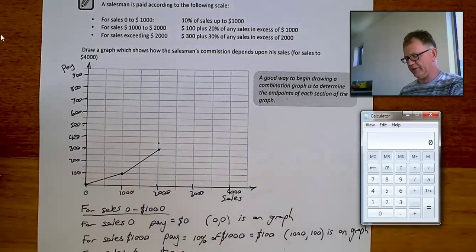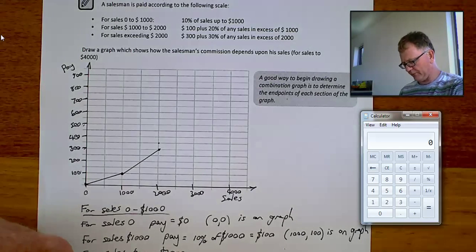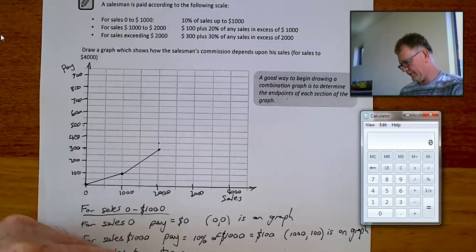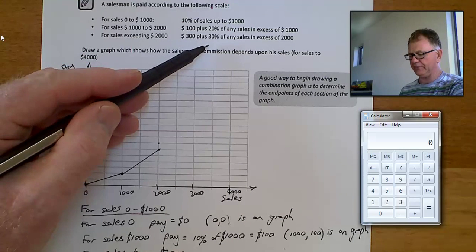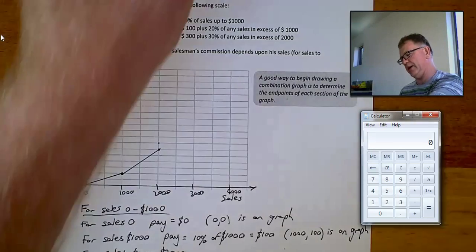But where does this section finish? Well, we're trying to go up to sales of $4,000. So we have to work out how much he gets paid on a sale of $4,000. And it says he gets paid $300 plus 30% of anything more that he sells in excess of $2,000.